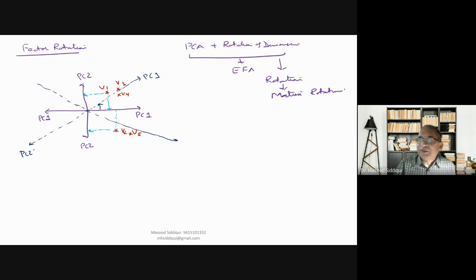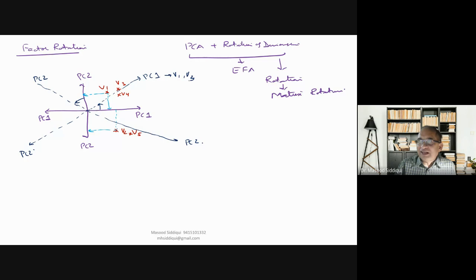So now this PC2 has been rotated. Now we consider this rotation part. Here we see that all these variables V1, V3 and V4 are highly loaded on PC1 and relatively very small loaded on PC2. So now there is no cross-loading.